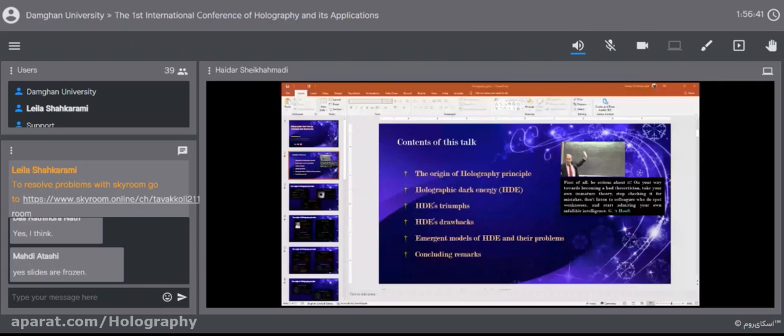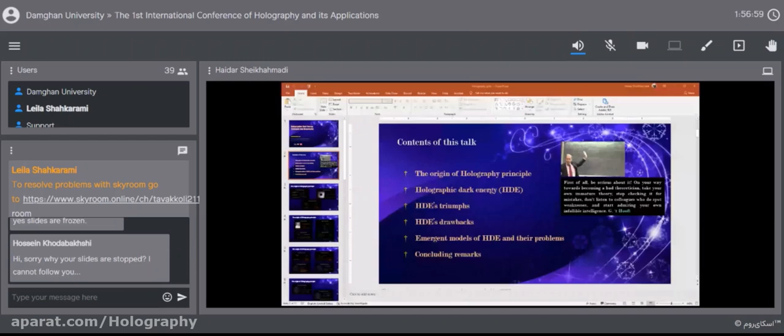Now, by introducing the first law of thermodynamics and Einstein's famous equation, E equals mc squared, one has T as a function like c squared times dS/dM to the power of minus 1.